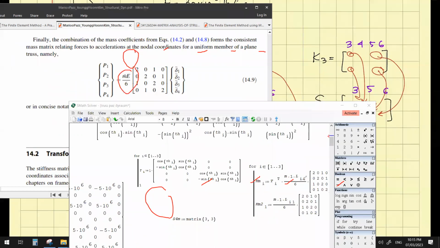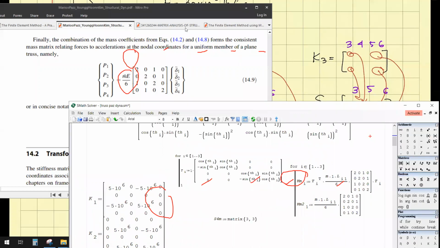So ml over 6, and then we have the diagonal of 2, 2, 2, and then 1. Okay?